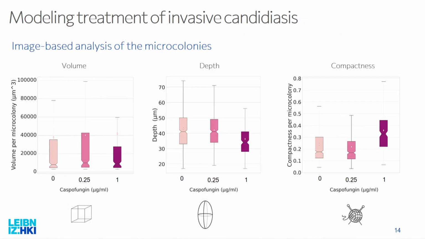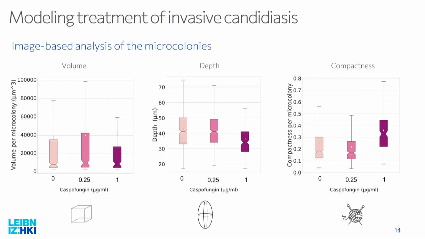And we found that at very low concentration of caspo, the volume of the microcolony was somehow increased, which was at the beginning surprising, but then we realized it is also consistent with this so-called paradoxical growth that has been seen for other fungal species. And then we saw that at other concentrations, a bit higher, the colonies were less deep, and they were also more compact.